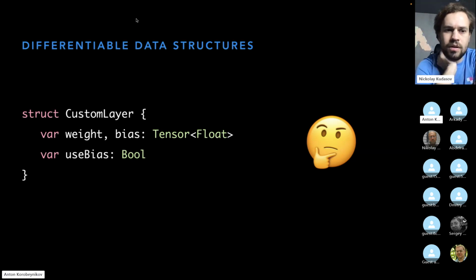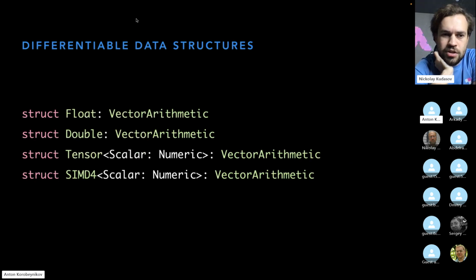In the previous slide, it mentioned that tensor is vector arithmetic if scalar is numeric. So scalar doesn't have to be vector arithmetic? Well, numeric here, in terms of Swift, means float or double, but not integer.